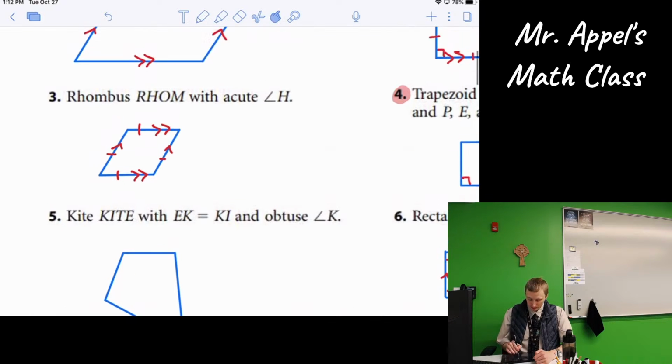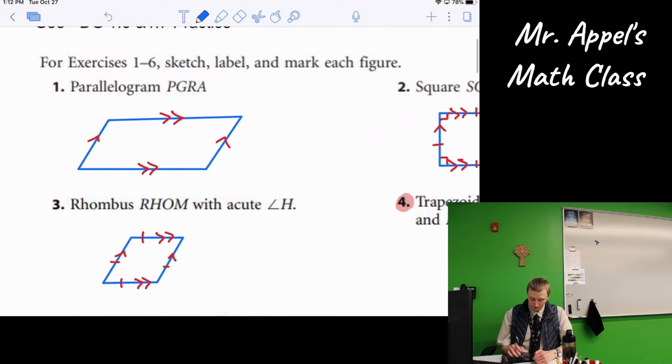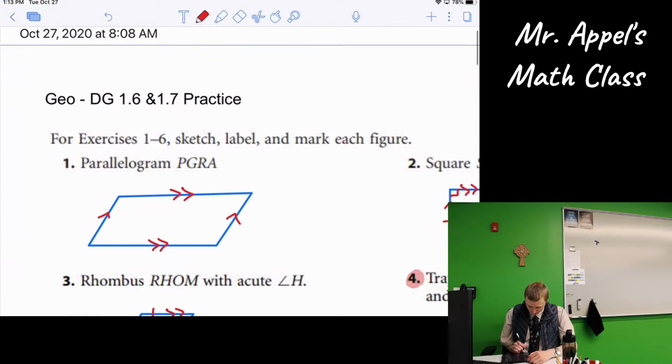Well, if you look up here at the parallelogram, as a result of opposite sides being parallel, when you do that to all four sides, you get the opposite sides also ending up congruent. That's not one of the defining features, but it is a direct consequence of the parallel sides.